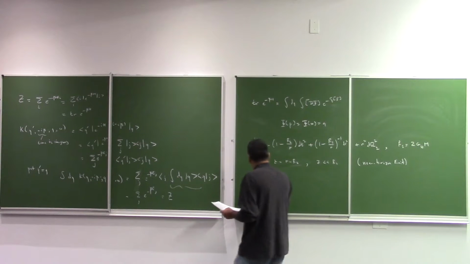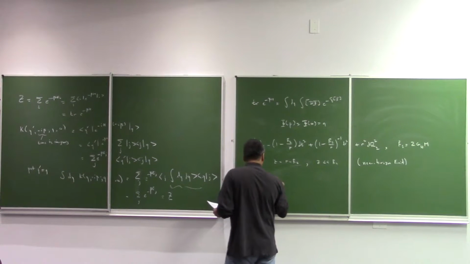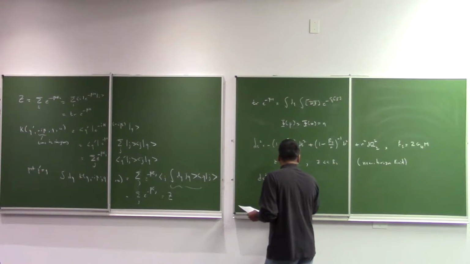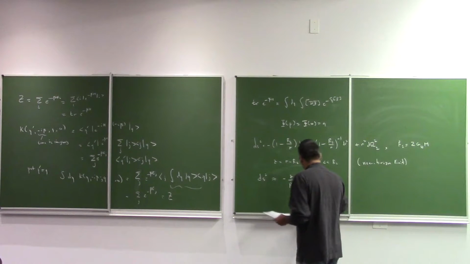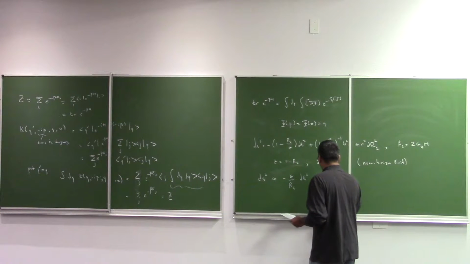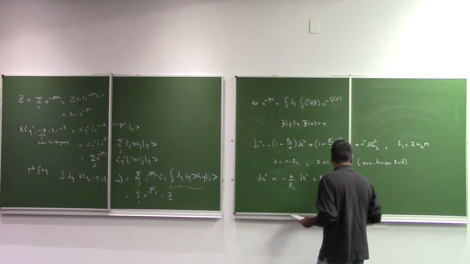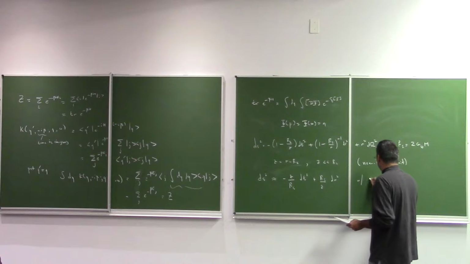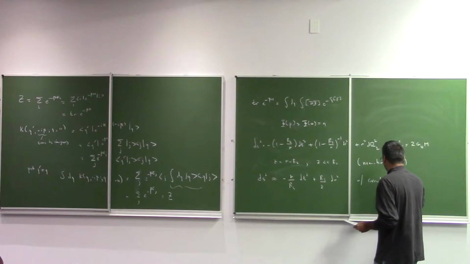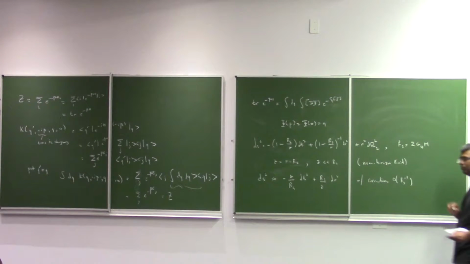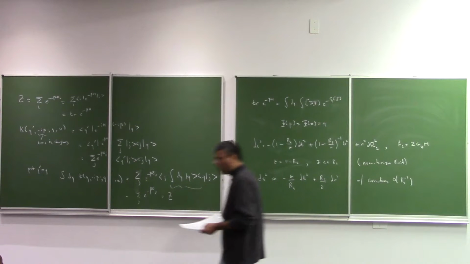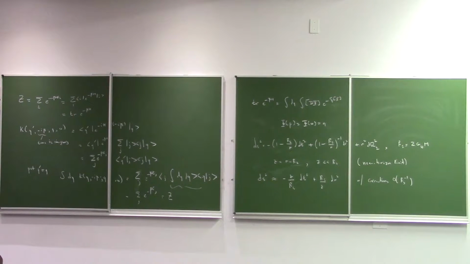The metric is approximately minus z over rs dt squared plus rs over z dr squared, with corrections of order rs. Let me then stare at this expression for a bit and be modestly clever.